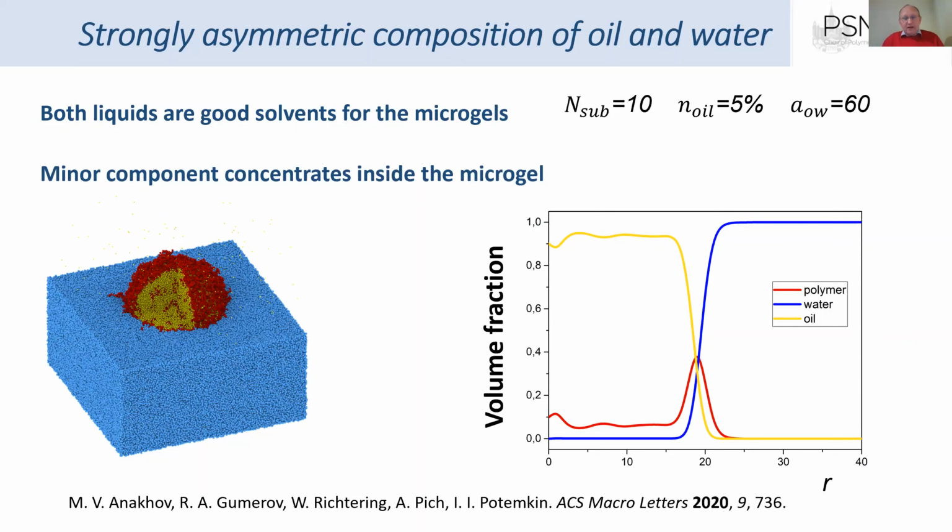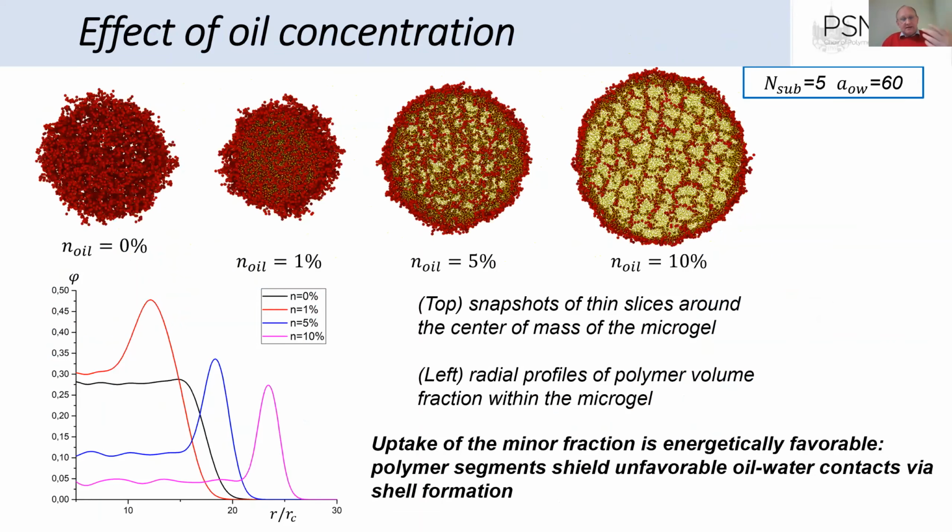Indeed, if we look at the swelling degree of the microgel as a function of the concentration of oil, here the first snapshot corresponds to the microgel in pure water. Then we add oil. It is concentrated inside the microgel, and the shell is formed. If we plot the density profile for microgel in pure water, it has a normal step-like shape.